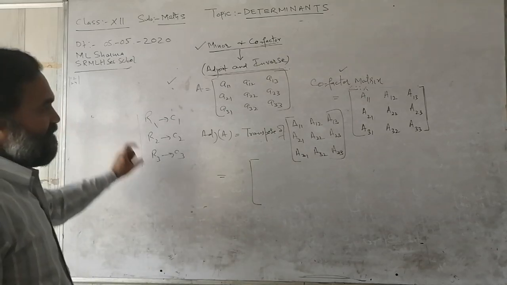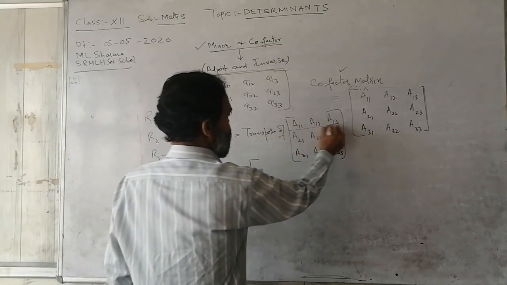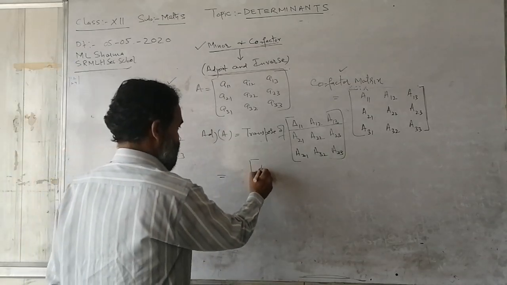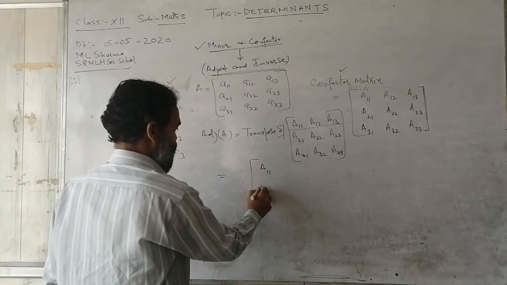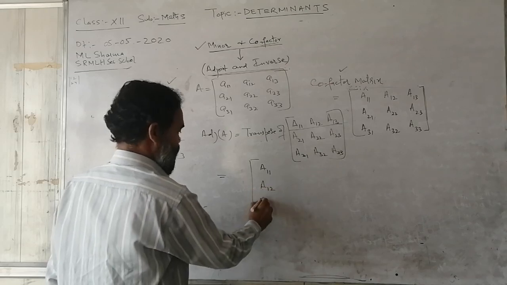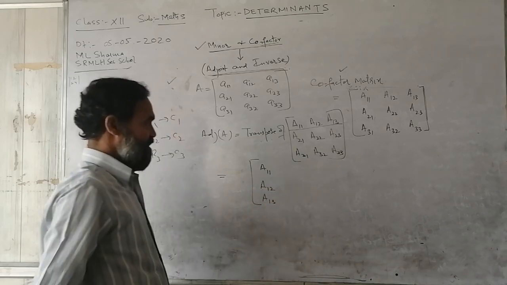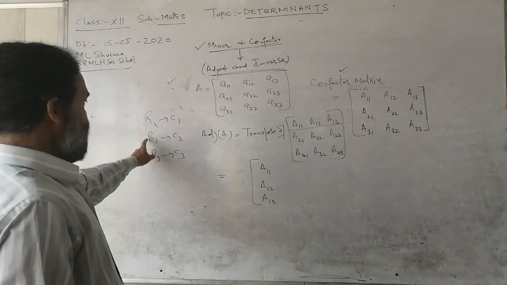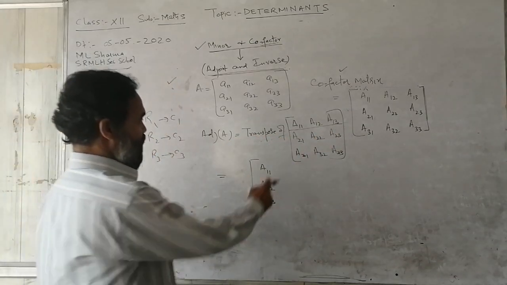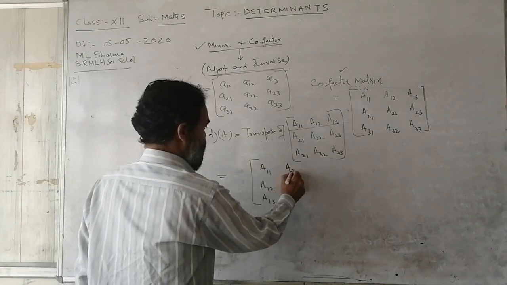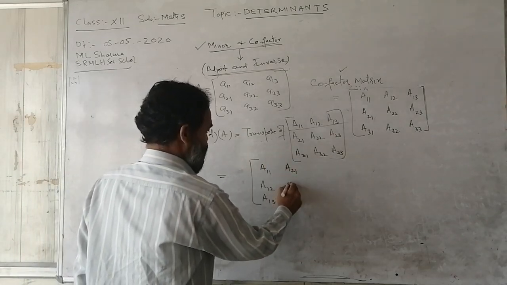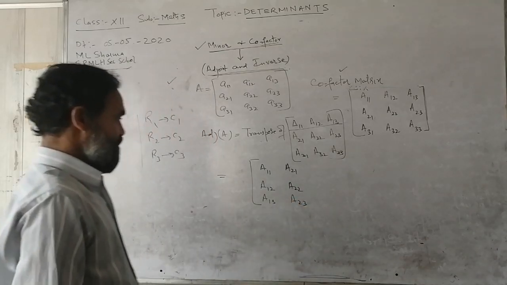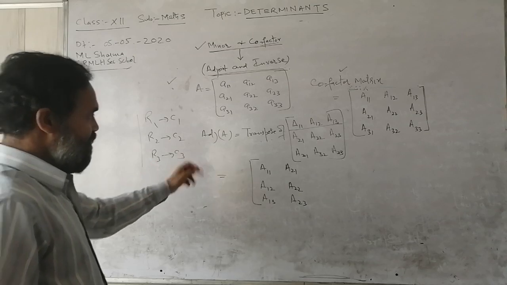So I will apply it here. This first row will be changed into the first column. So I can write it as A11, A12, A13. So here I have changed the first row into the first column. Similarly, the second row into the second column, it can be written as A21, A22, A23, and the third row into the third column.